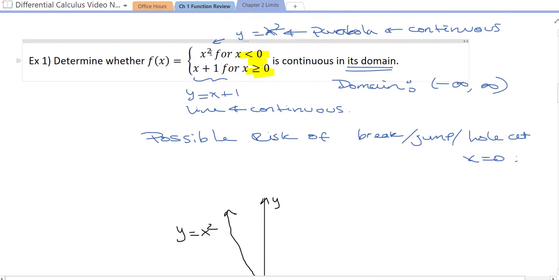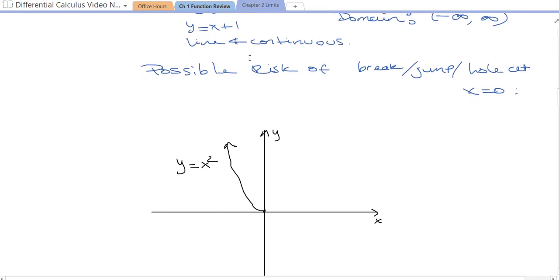Now, x squared is for x less than 0, notice that not including 0. So over here, I should have an open circle because we're not including 0 for y equals x squared. Now for y equals x plus 1, we do include 0. So at 1, we're going to include that point, and then we draw our line. So this will be y equals x plus 1.